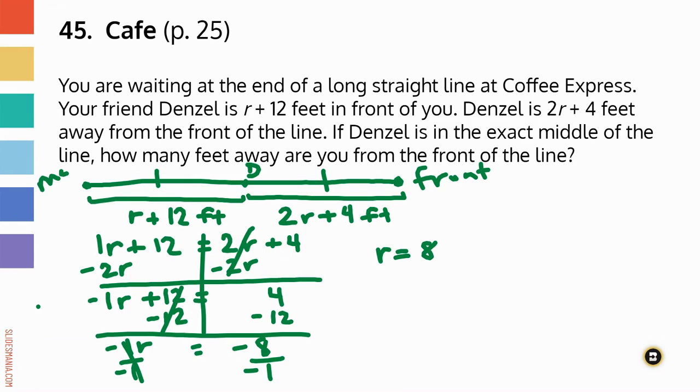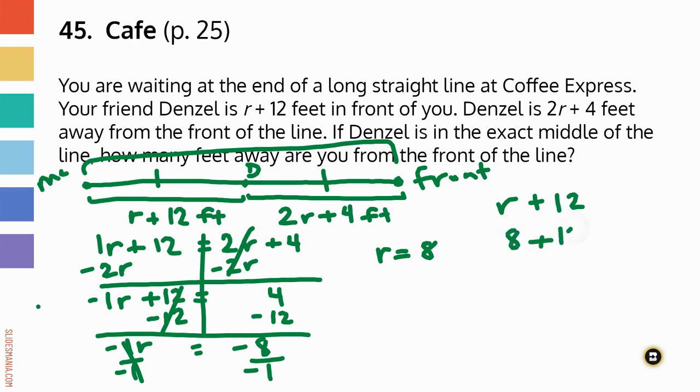Okay, but the question was, how many feet am I from the front of the line? So I need to know this whole distance. So I'm going to take r plus 12, and I'm going to substitute 8 in place of r.